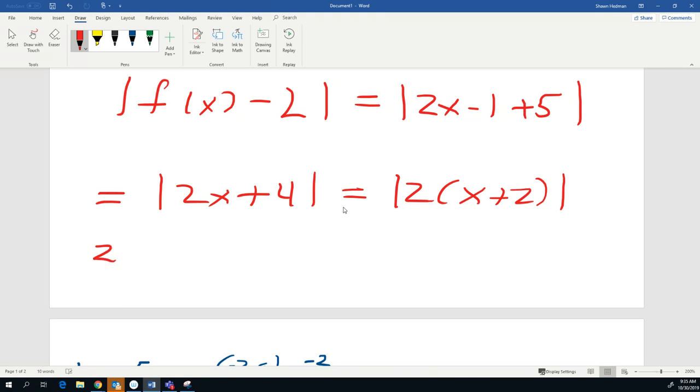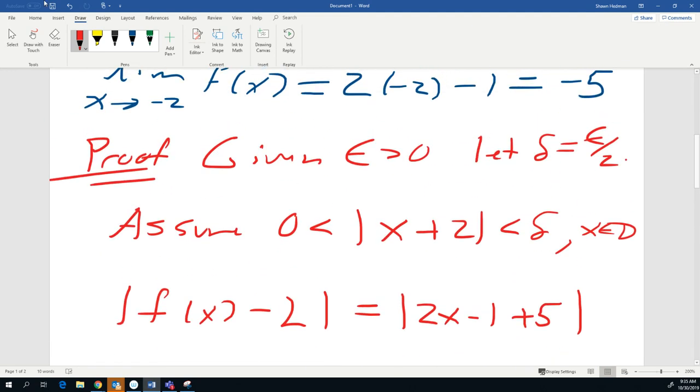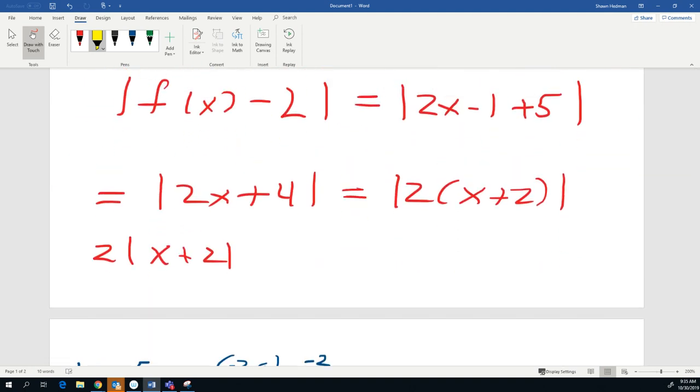This is 2 times the absolute value of x plus 2. But now I'm going to scroll up. I'm assuming, in the beginning of my proof, that this absolute value is less than delta. So 2 times this absolute value is less than 2 times delta.